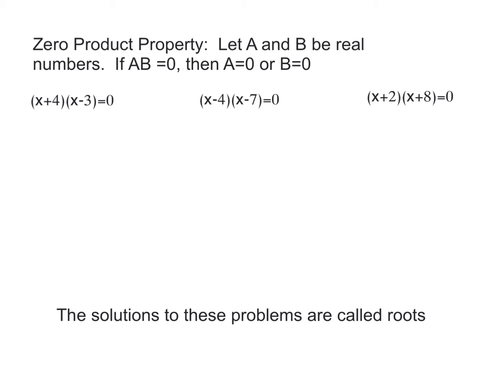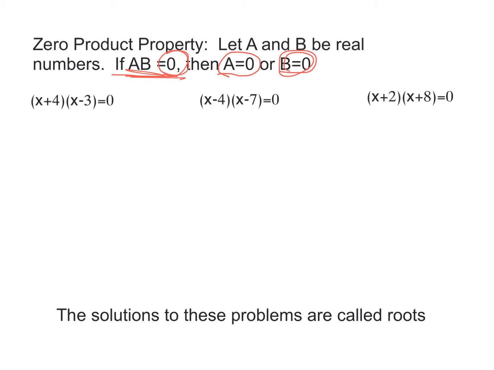From this, where I have two pieces multiplied together and it equals 0, that means either the element A could equal 0, because 0 times B would therefore be 0. It also could mean that the element B is 0, which means A times 0 would still equal 0.